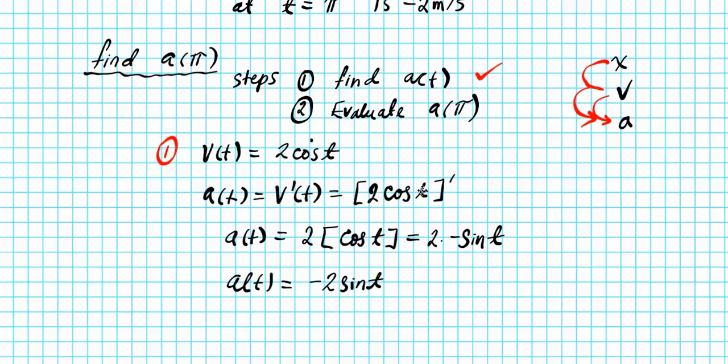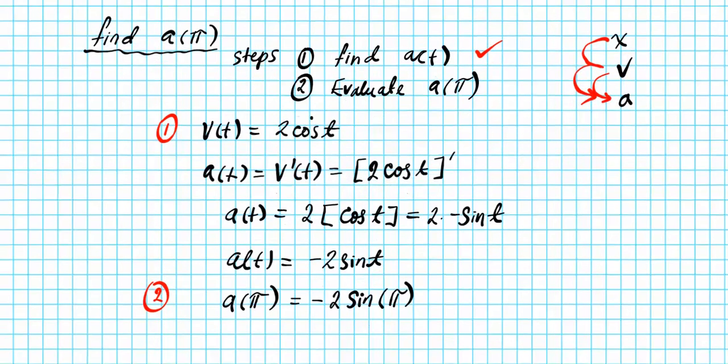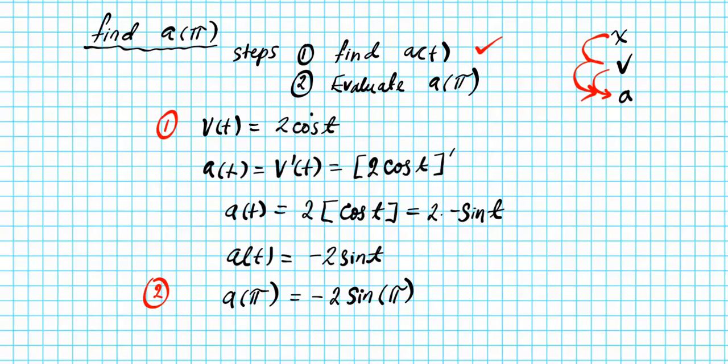Now the second part is to evaluate. So in part 2, we're going to evaluate a of pi. a of pi is what you get when you plug in pi into your acceleration function, -2 sine pi. Okay, so what is sine of pi?